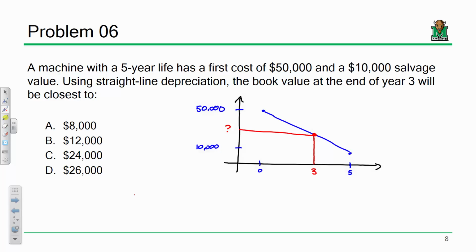Let's keep this simple. How much does its value change over 5 years? 40,000. How many years? 5 years. So $8,000 a year. 3 years, it's going to decrease $24,000, which means its book value is 26.